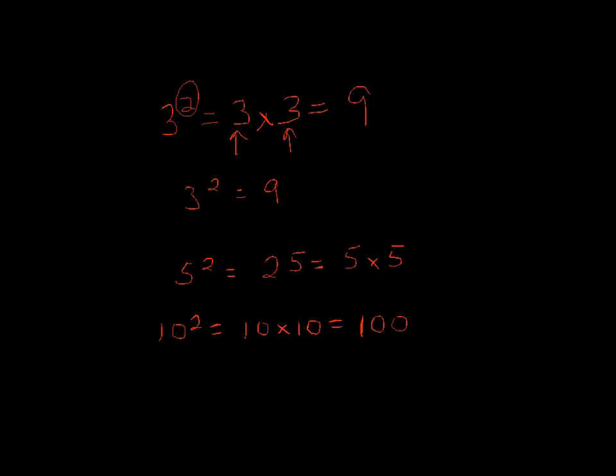So if you take any number, let's say we take 6 squared, and let's write that a little bit better. 6 squared, remember that exponent right there, and we would say that is going to be a square number because it's squared, and it's 36. 6 squared is 36.